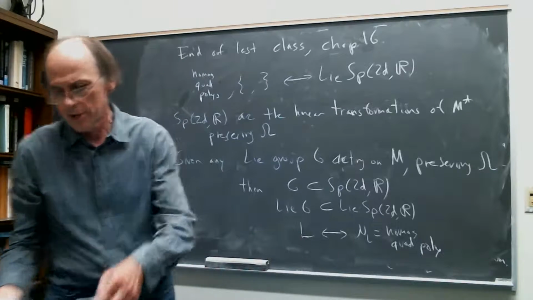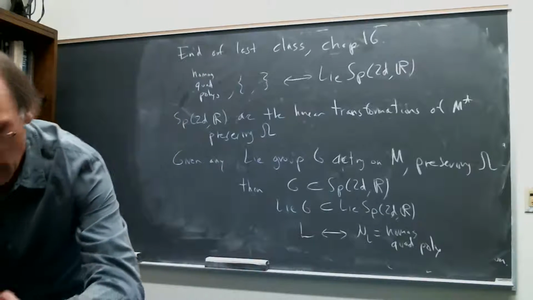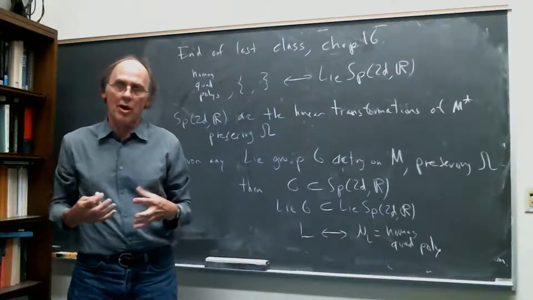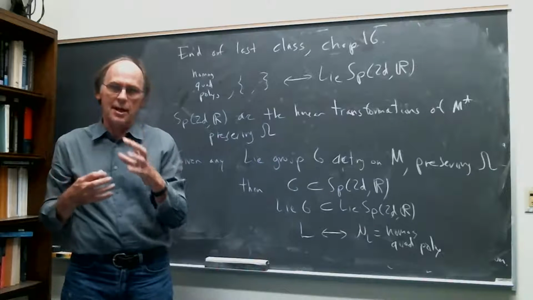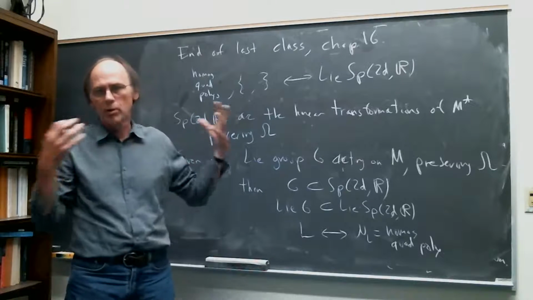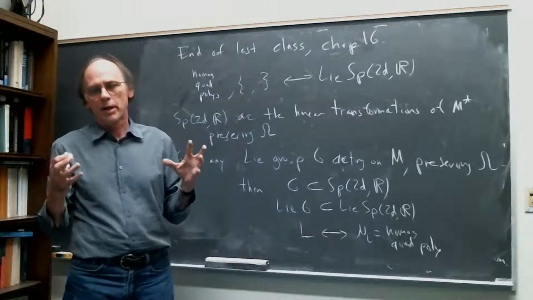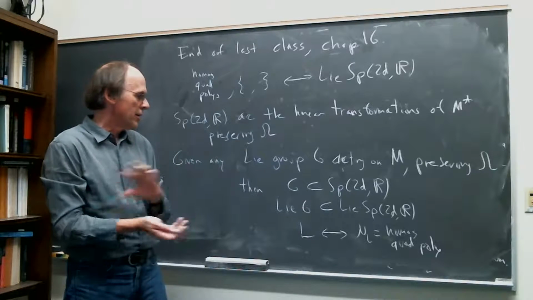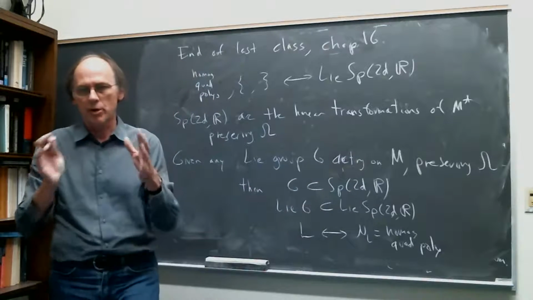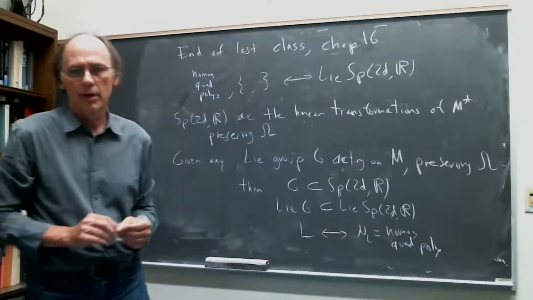So you have a very general phenomenon: by studying these homogeneous quadratic polynomials in the Lie algebra, I've kind of created the biggest possible Lie algebra corresponding to Lie groups that act on the phase space, preserving the Poisson bracket structure.